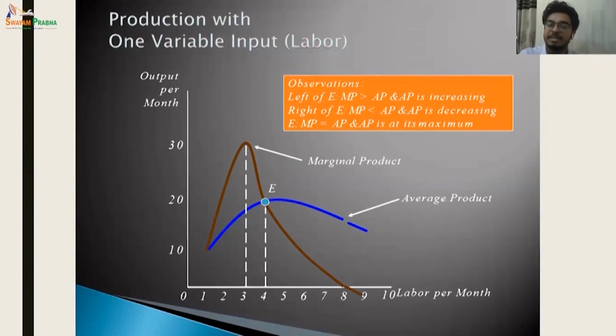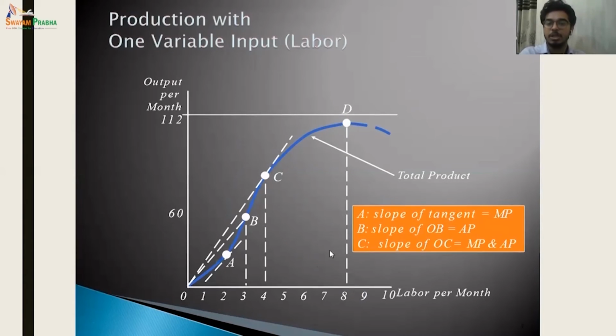And on the right hand side of point E, we see that the average product has started declining, and the average product is above the marginal product curve. So the average product is more than the marginal product. What we observe from here is that at point A, there is a slope of tangent, which is shown as marginal product. At point C, this is also a slope of tangent on the total product.